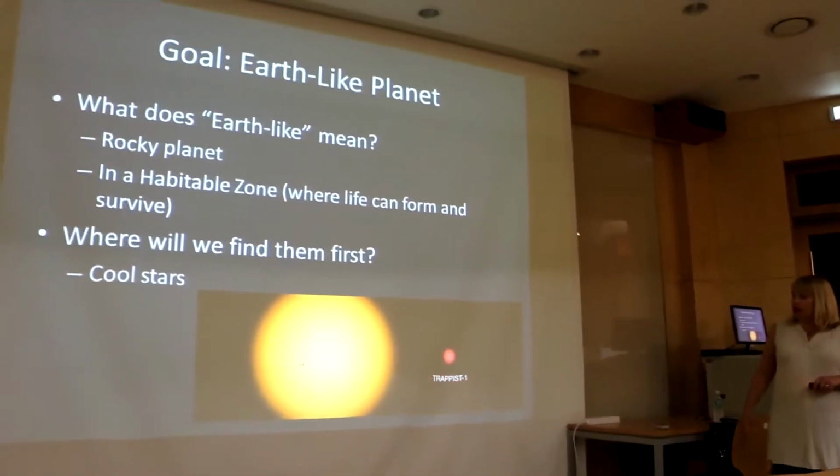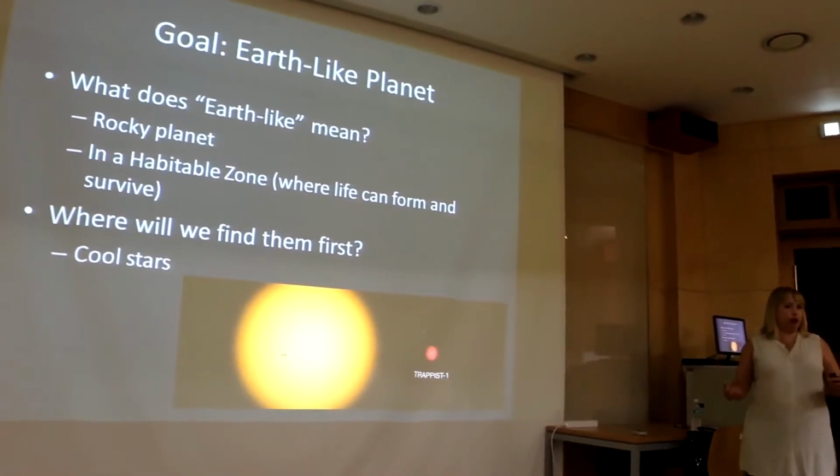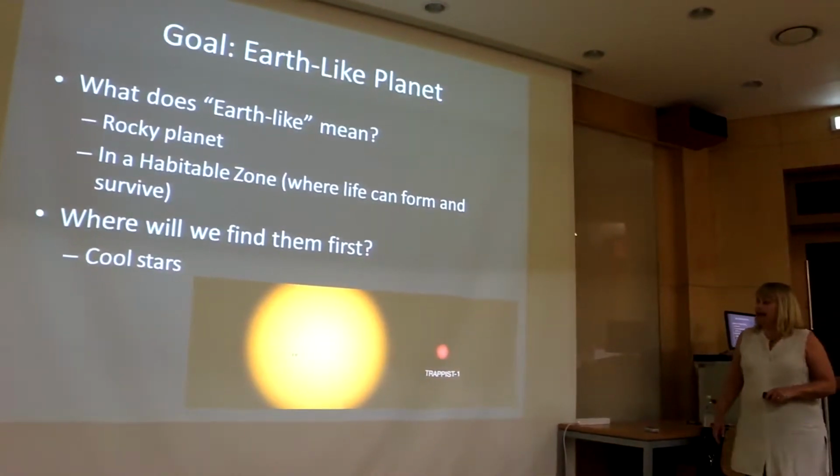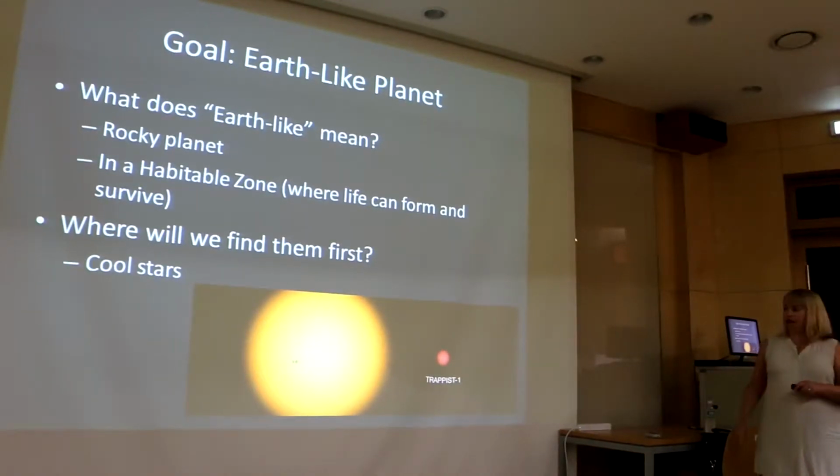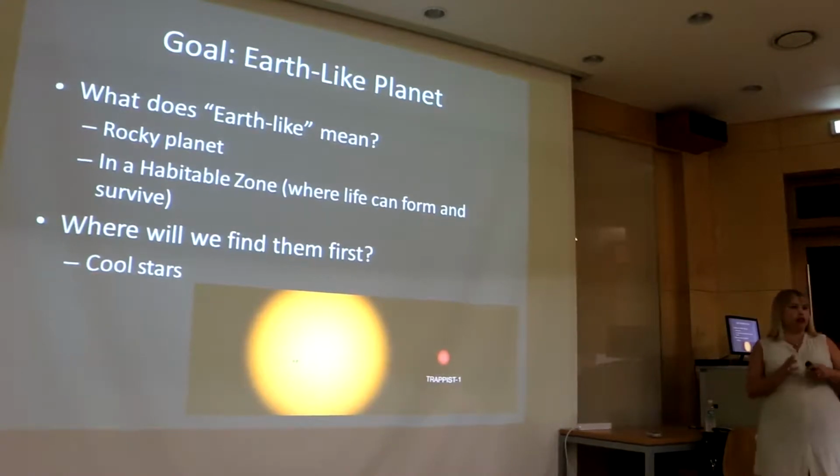For example, Trappist I is around a very cool star, and it's in spectral type, it's called an M6, I believe, or an M8 actually, so very cool. Almost as cool as you can get as a star and still be a star rather than a brown dwarf, compared to our sun, which is bigger and more massive and more luminous.